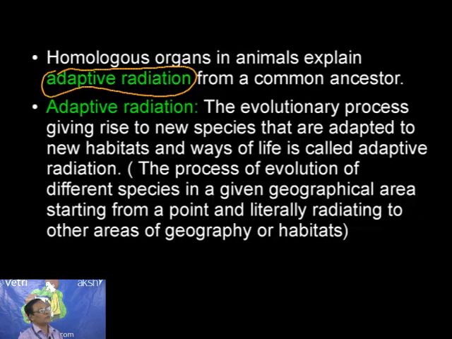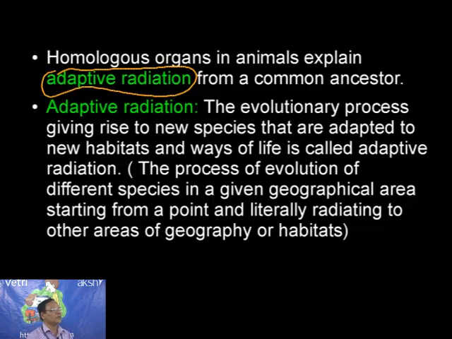So what do you mean by adaptive radiation? There are certain evolutionary processes taking place, and that evolutionary process gives rise to a new species. That new species is normally adapted to various habitats and also to various ways of life. That phenomenon is called adaptive radiation.